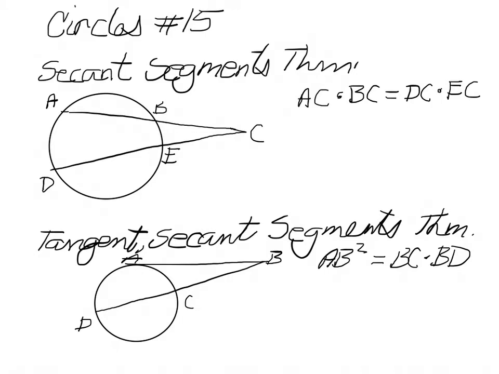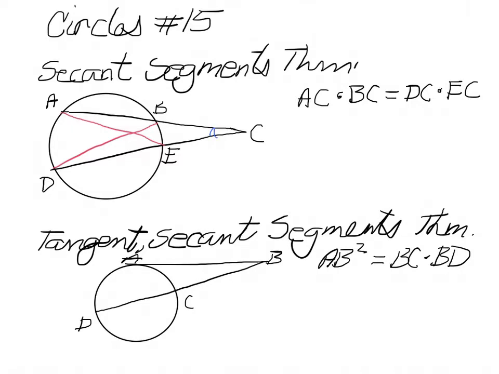Now, why is this so? The reason is if you draw these two lines, that makes two triangles, triangle ACE and triangle DCB, and it turns out that those triangles are similar. Why are those triangles similar? Well, really quickly, they both have angle C, so that's equal.